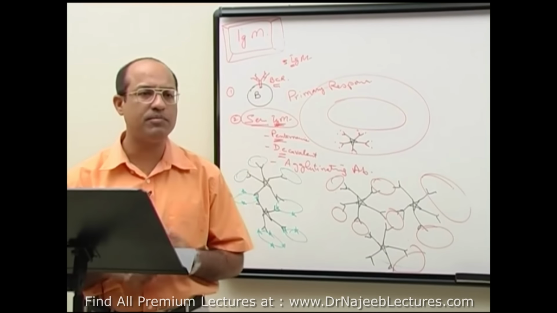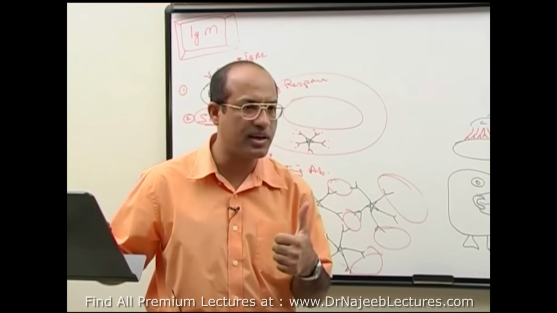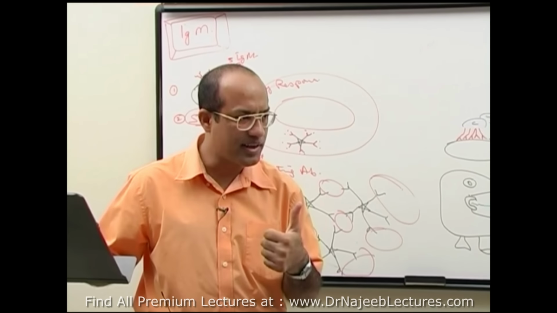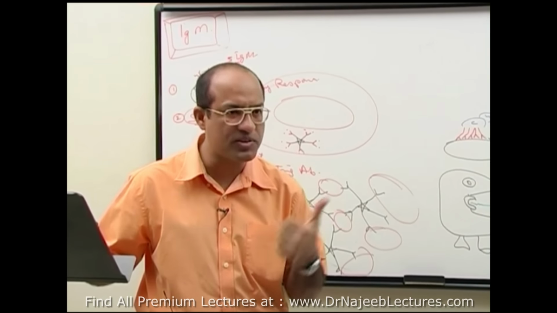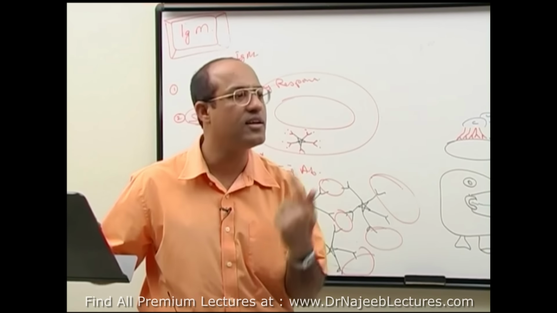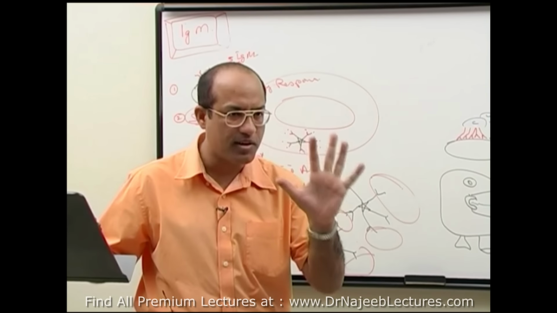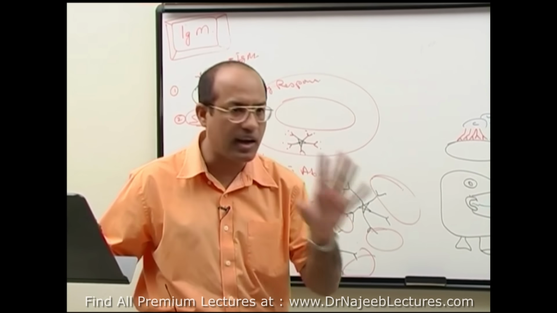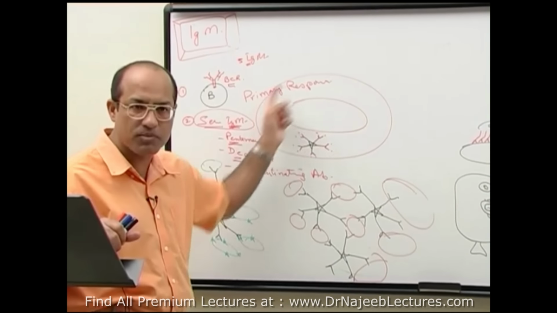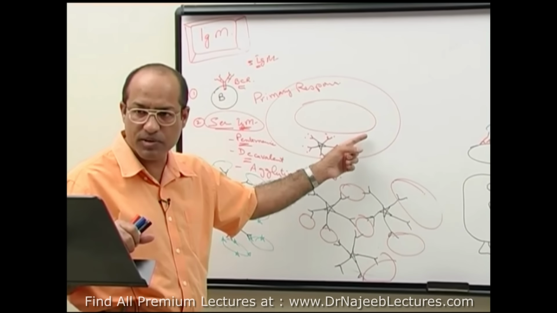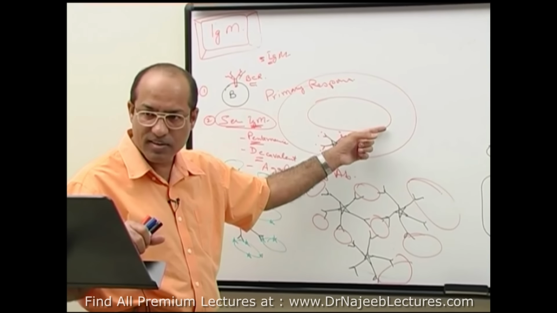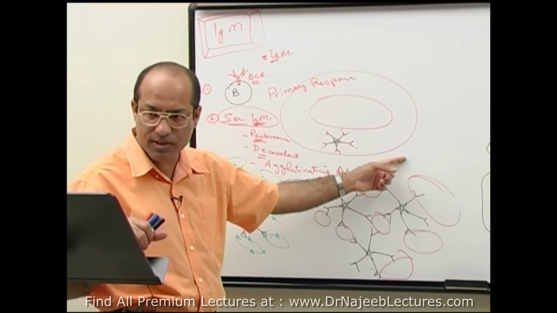So about IgM, just important points. Number one, IgM is monomeric and present on the B cell surface as the B cell receptor. In the serum, IgM is present as a pentameric, decavalent, large molecule, mostly in the plasma circulation, because they are trapped there, and not in the other body fluids in significant amount.